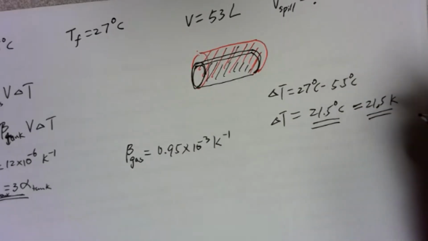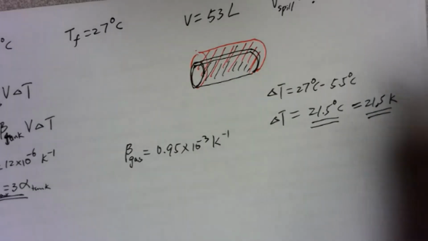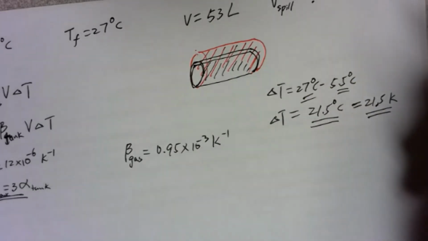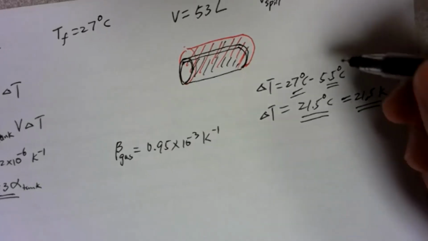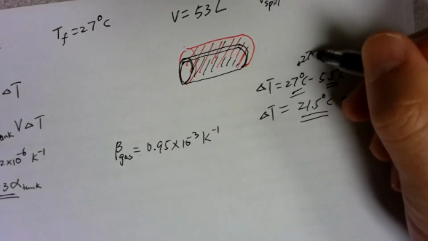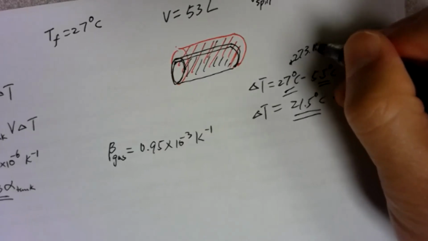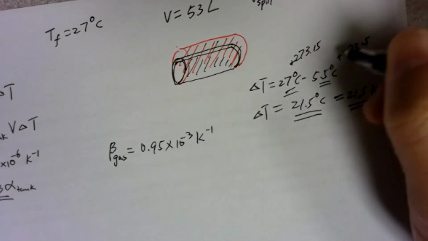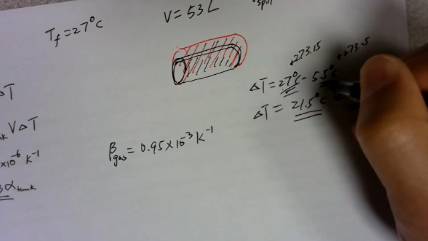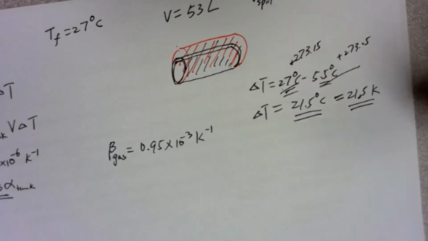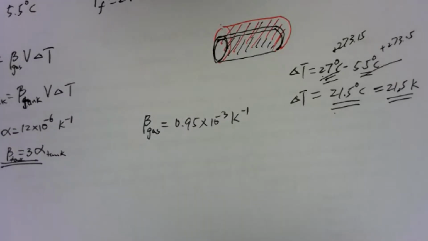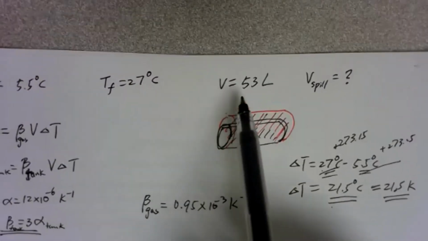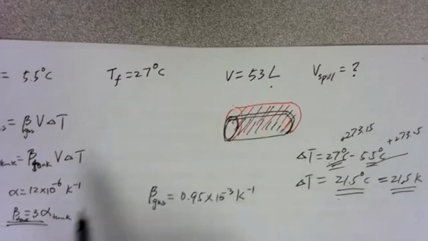You don't have to convert those two numbers to Kelvin first and then take the difference, because you would add 273.15 to one and also to the other, and then subtract one from the other, so it will be the same. Now the initial volume of the two will be the same. Both are 53 liters.